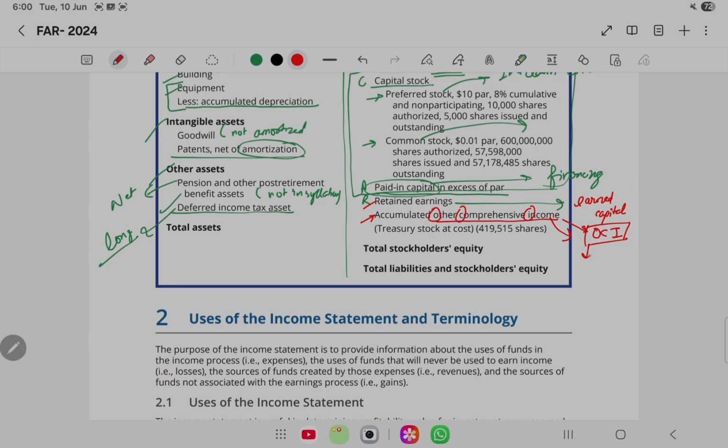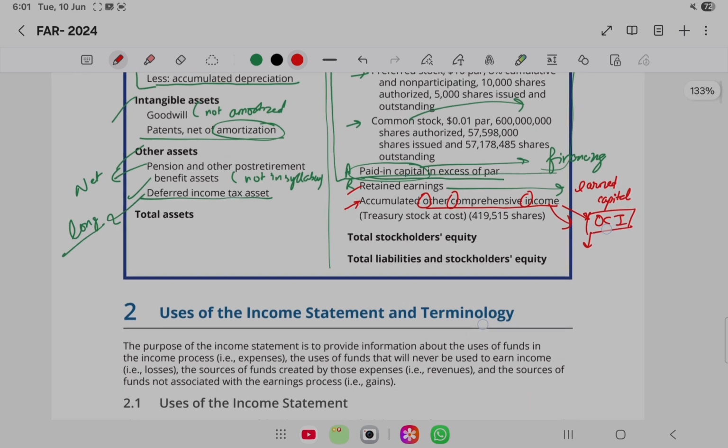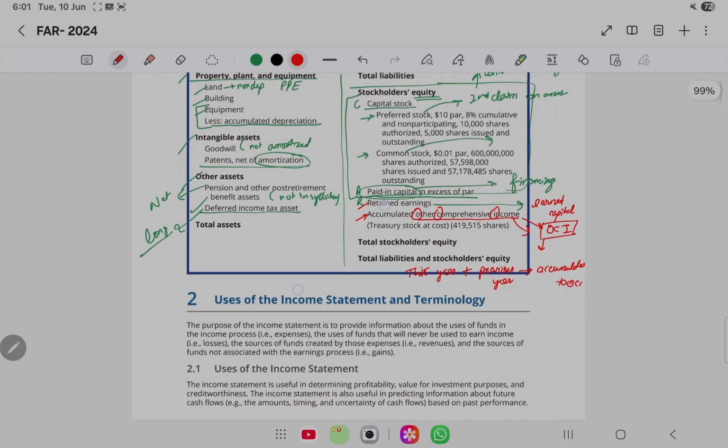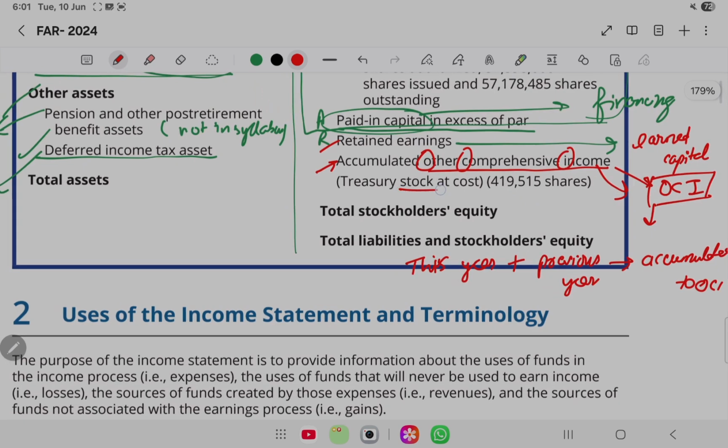Previous retained earnings are not included in OCI. Wait a second, let me confirm it. Yes, I was right. So this year plus previous years all come to the accumulated OCI.